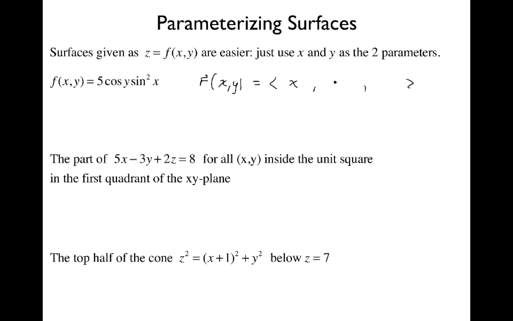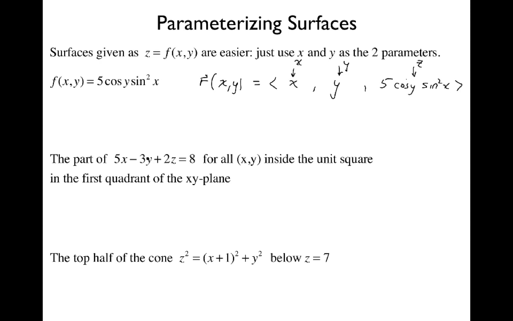So x is just x, y is just y. So that's a parameterization of a surface in R3. Surfaces in R3, we're still dealing with a three vector, right? A vector with an x component, a y component, and a z component. It's just that we have to write all three of those components in two variables. So this does it for this one.